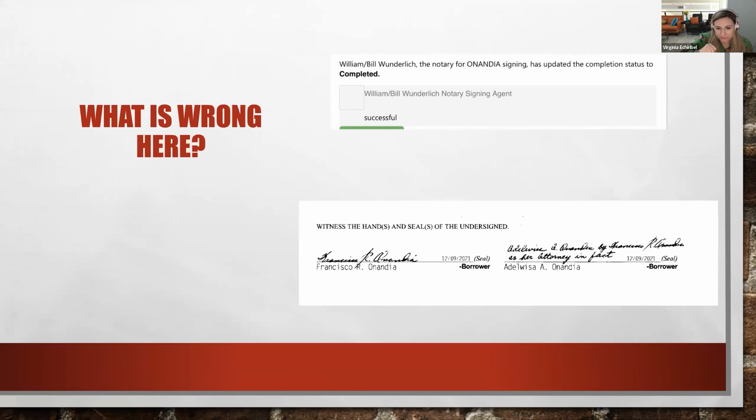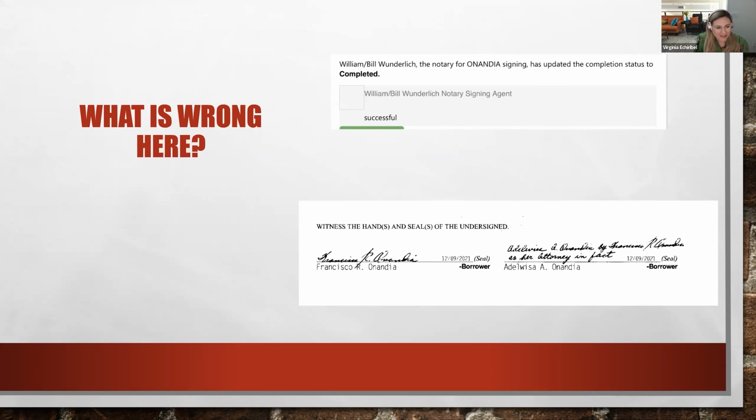Okay, the signature on the left-hand side is correct, but the right side signature has just the name, however you pronounce that name. The attorney-in-fact is not a part of that signature. So it was an oversignature. Yeah, that would make you think, what happened here? Exactly. Very good. You got it.